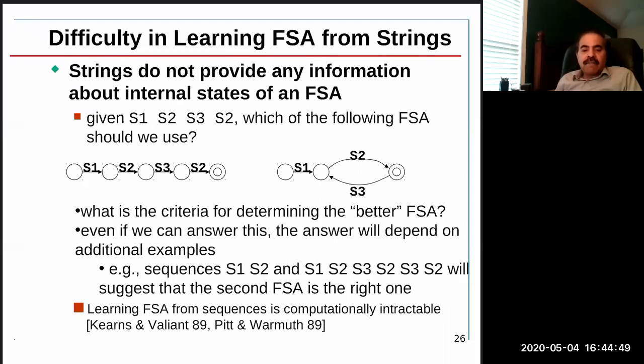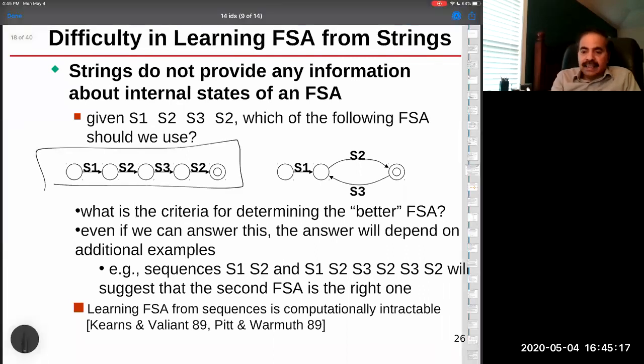Historically, the problem of learning finite state machines from strings is known to be a very hard problem. It's NP-hard. But the reason why it's hard is because people were looking at the problem as learning with just the string information.